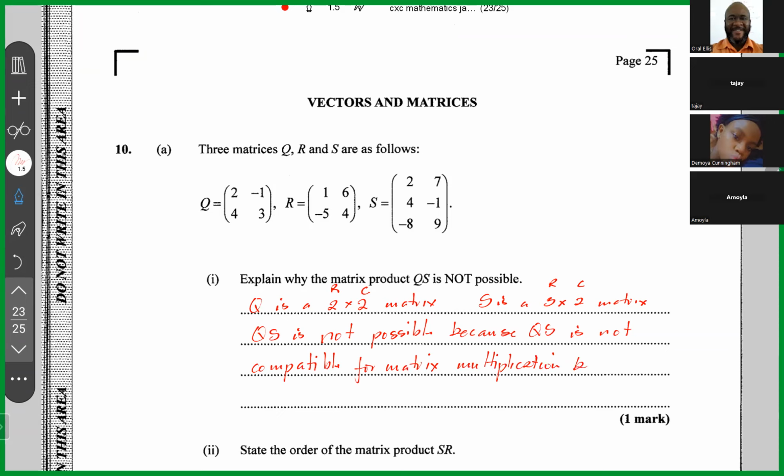And this is because the number of columns in the first matrix Q is not equal to the number of rows in the second matrix.